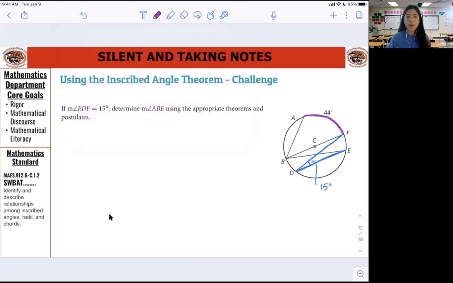And we're looking for ABE, this big one right here. Is there anything that we can fill in? How much does FE measure?